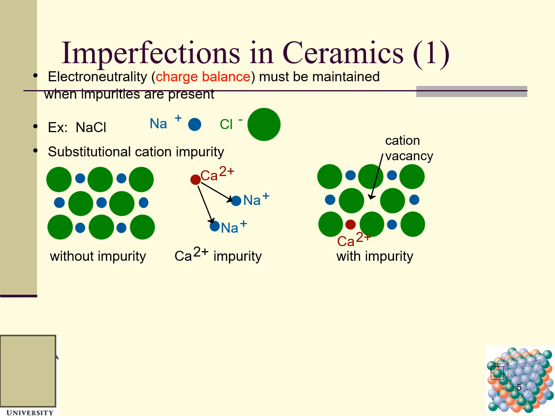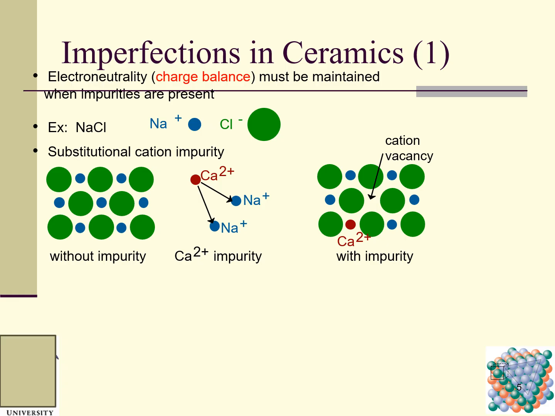For example, this is sodium chloride. We have a sodium cation with the chlorine anion, and a substitutional cation impurity. So here, this is calcium.